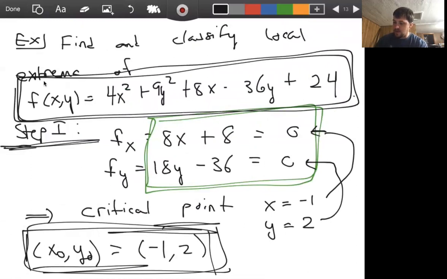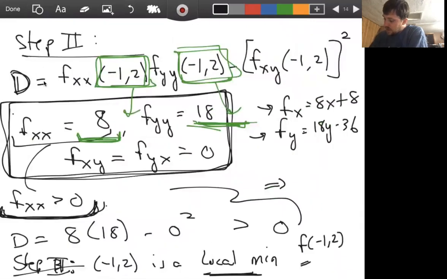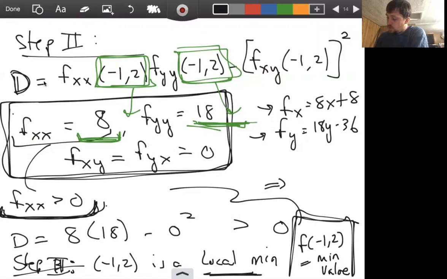For the sake of time, we know how to plug in -1 for x and 2 for y. So this is the minimum value of the function, or a local minimum value. But anyway, this was an example of using the second derivative test.